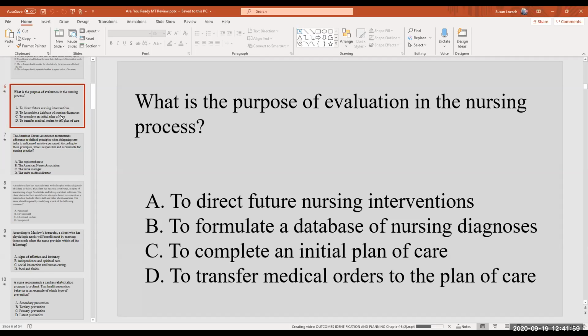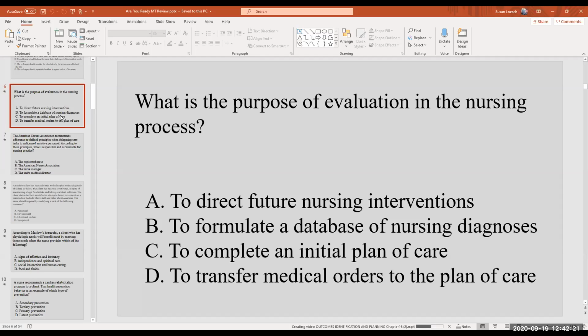In the evaluation process, what we're actually doing is we have set a goal or an outcome for the client. Maybe that outcome is that the client will ambulate 25 feet by the end of the shift independently. That's a specific and measurable goal.